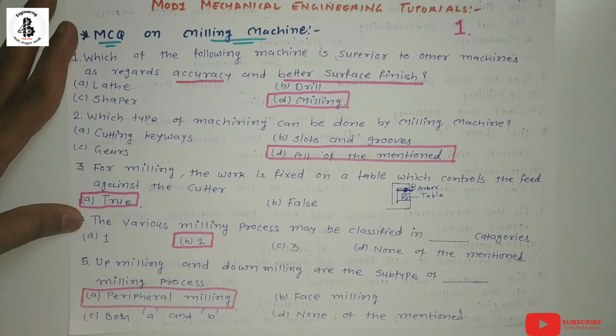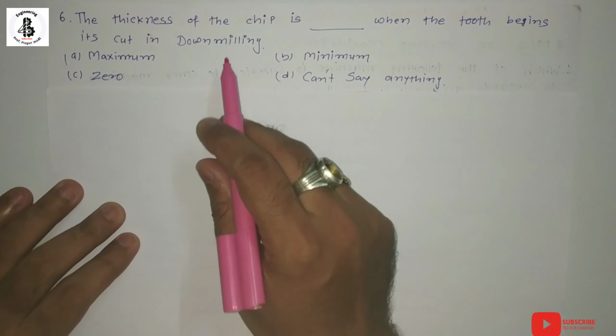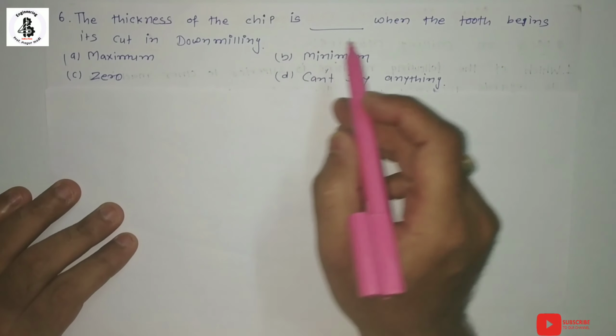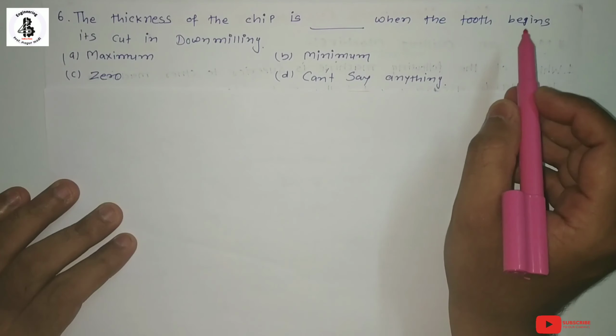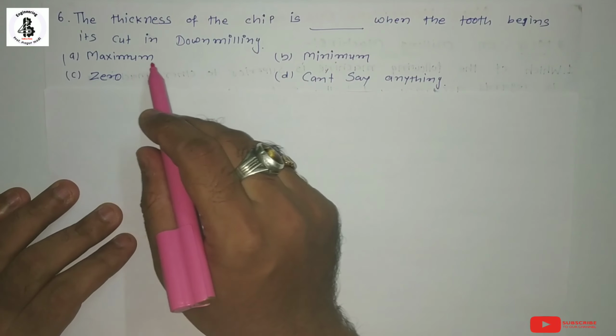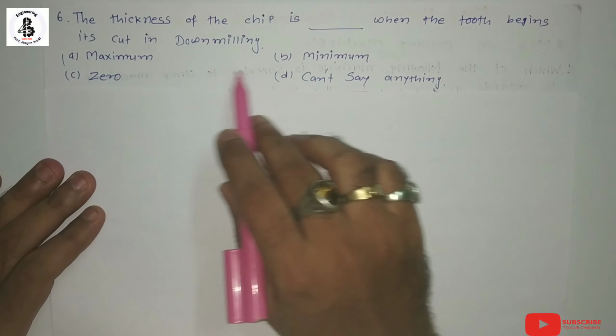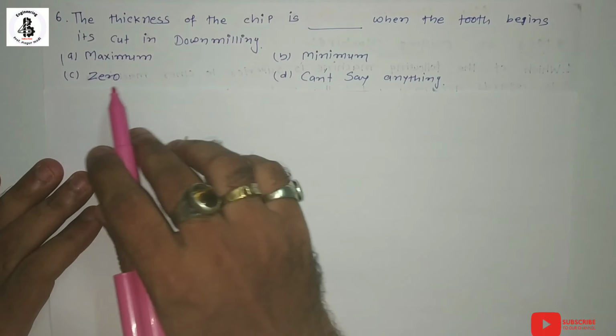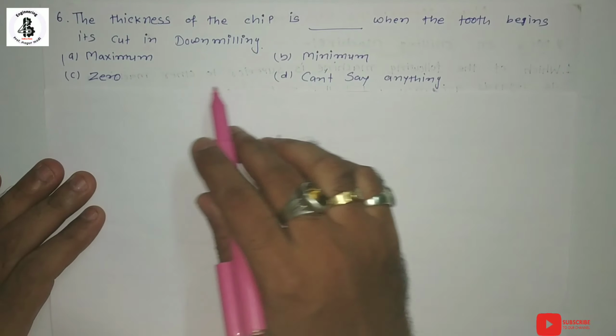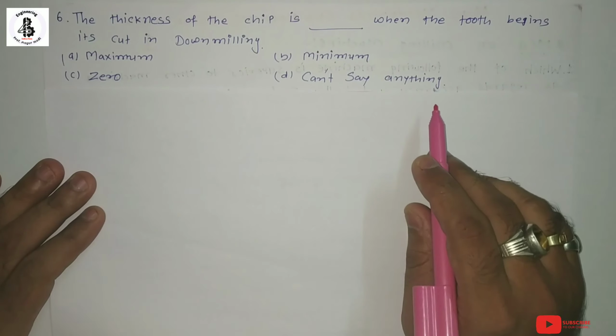The next, the thickness of the chip when the tooth begins its cut in down milling is: Option A, maximum. Option B, minimum. Option C, 0. Option D, can't say anything.